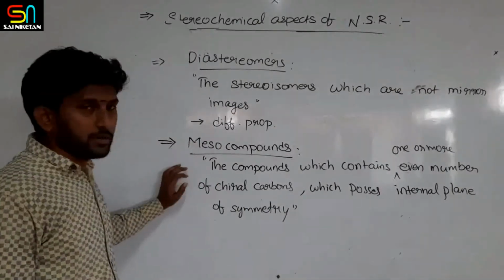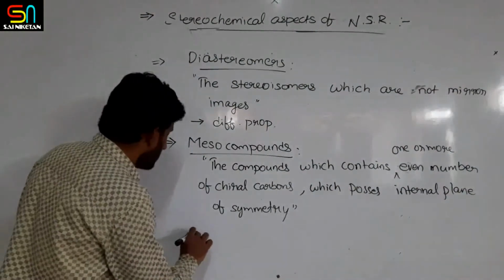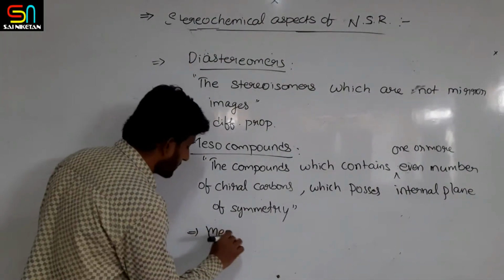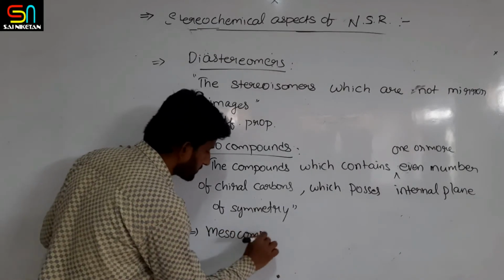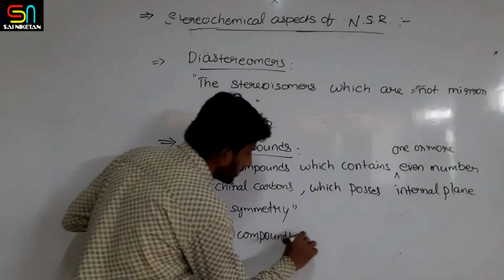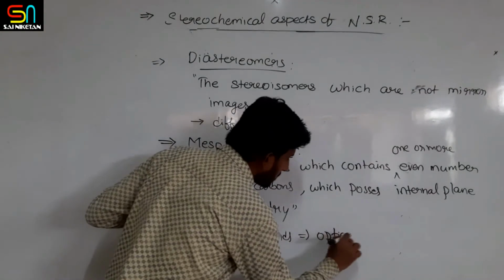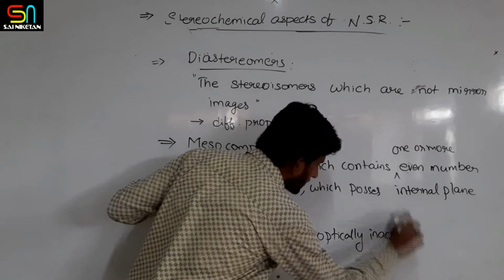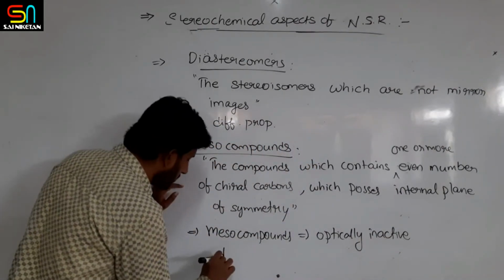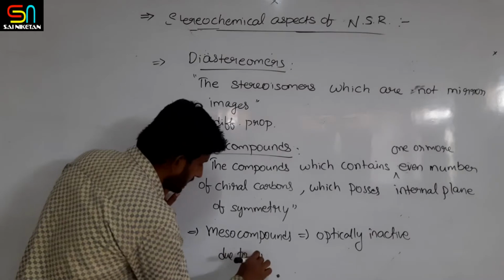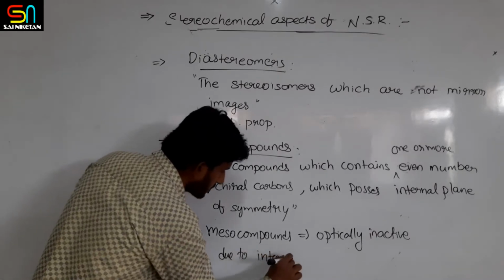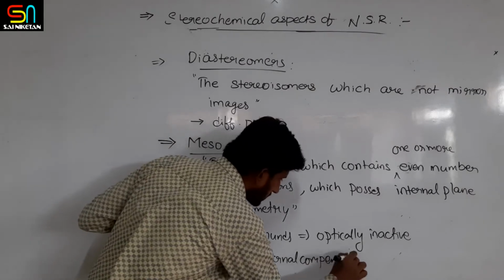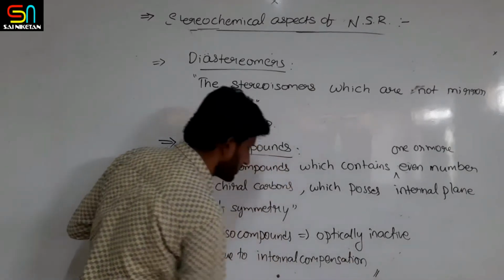They are called meso compounds. Due to this internal plane of symmetry, meso compounds are optically inactive. These are optically inactive due to internal compensation.